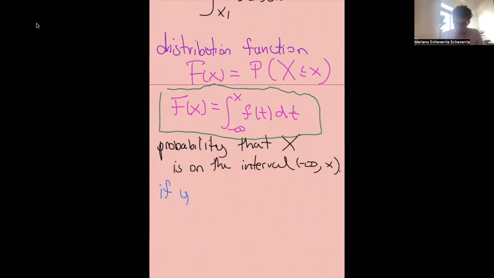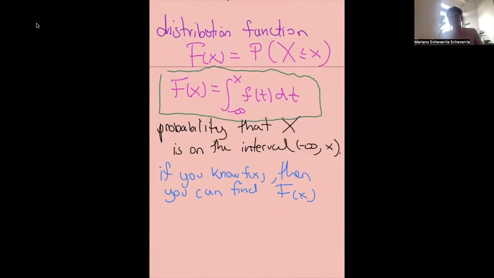If you know f of x, then you can find big F, the distribution function. But the converse is also true, and more interesting: if you know the uppercase F of x, you can find the density function.